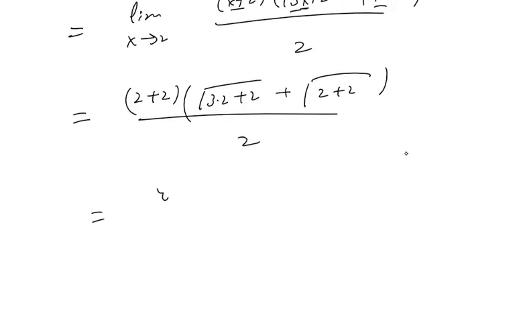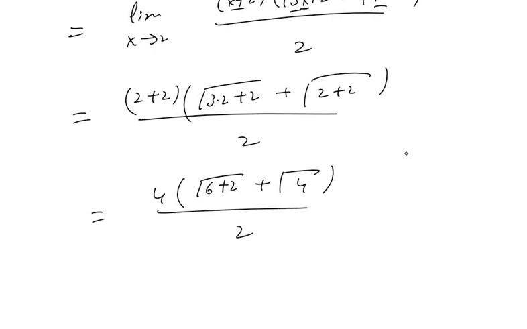So in this way I have 4 here, and in this I am having 6 plus 2 plus 4 divided by 2. I can cancel this 2 with this. I will have 2 here. So in this way we are having 2 multiplied by 8.